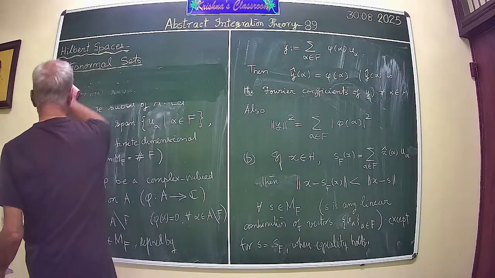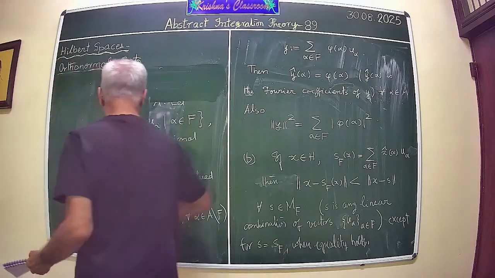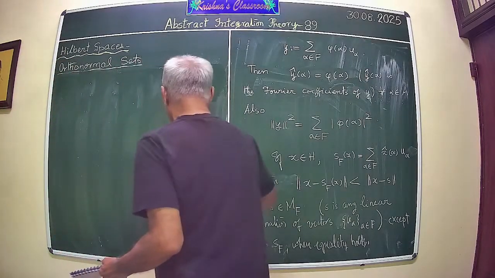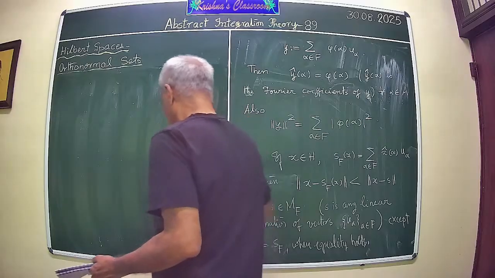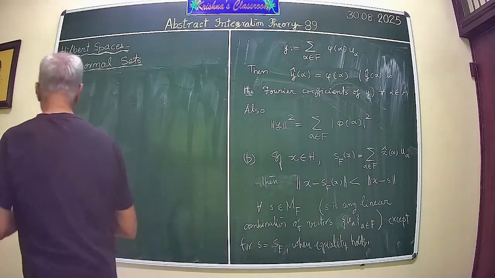So we have a nice inequality also. Nice inequality, that is the so-called Bessel's inequality.